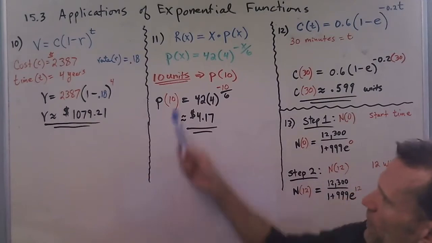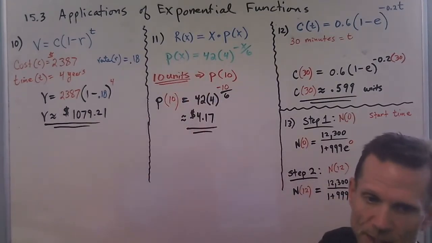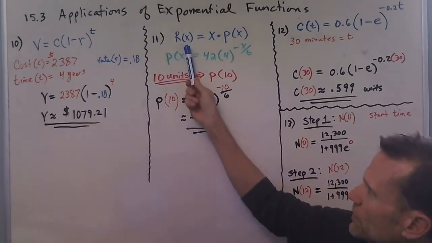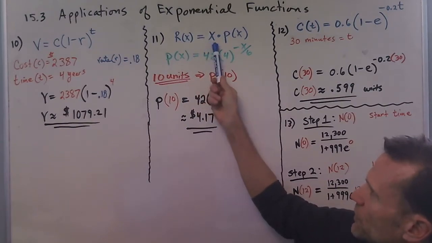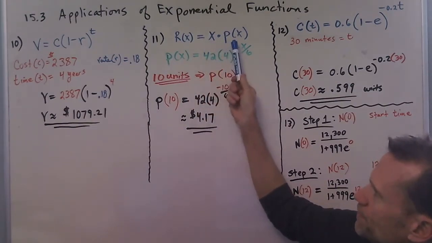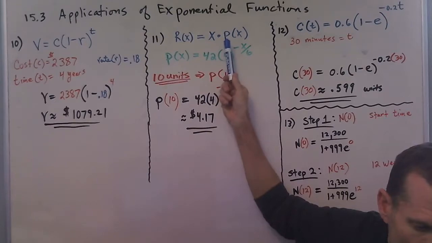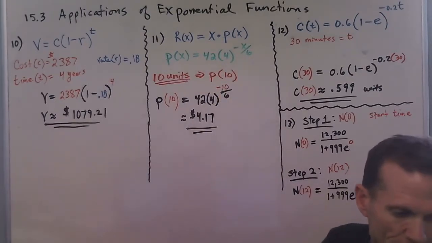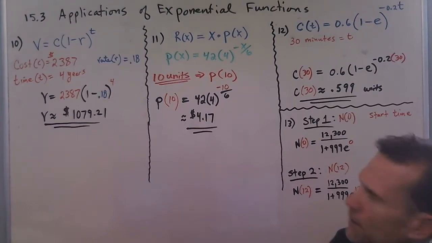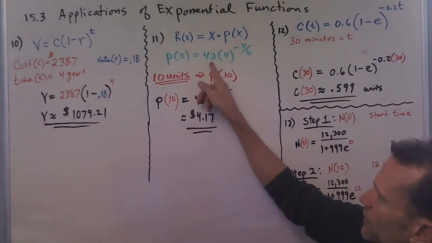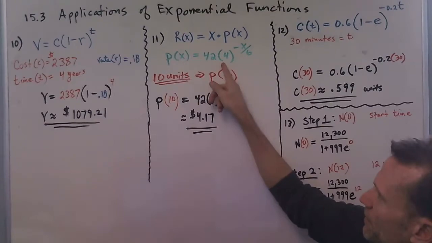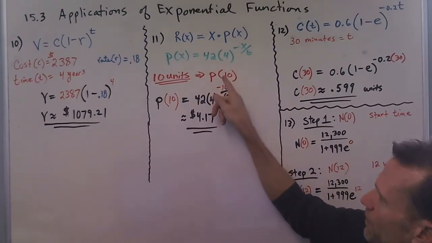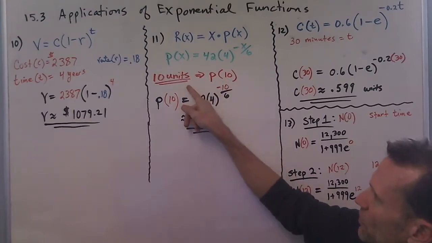This one's a little different because we have 2 functions here, and we have this revenue function that says we take the number of units that we sell times this P of X here. And so what we're going to do here is put this P of X in here, letting the X value be 10 units sold.